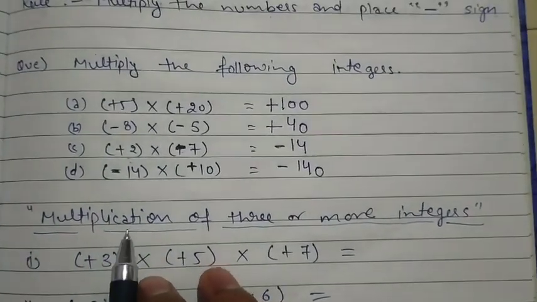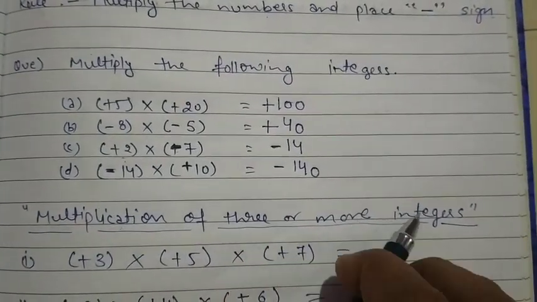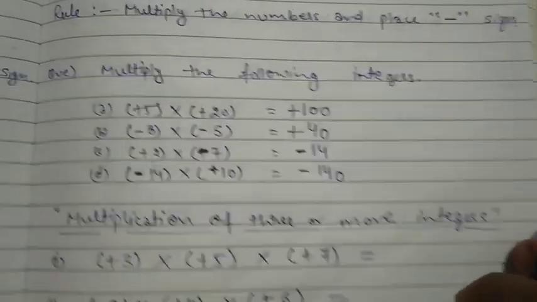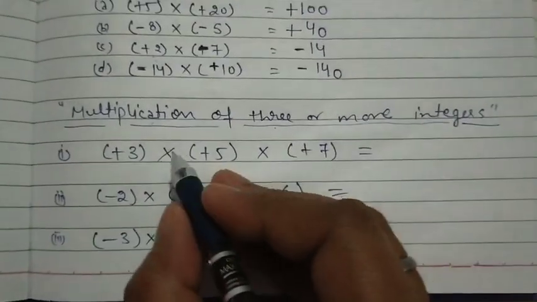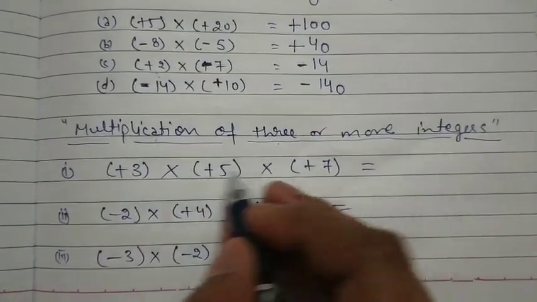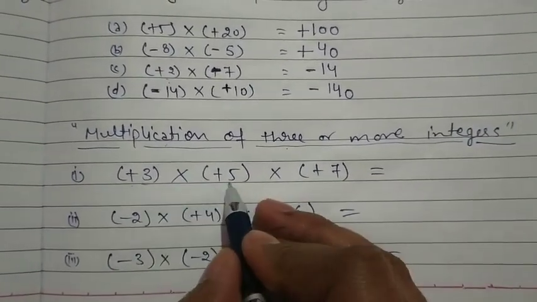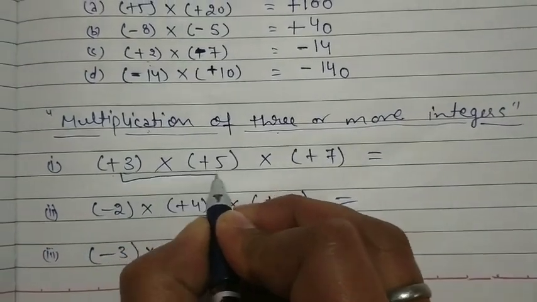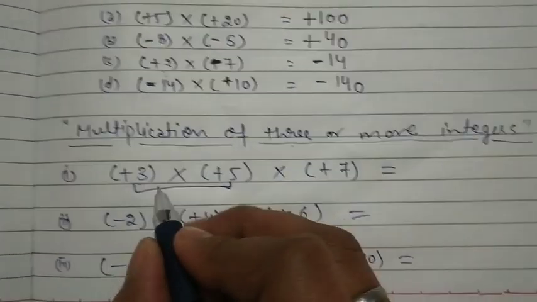This is the next topic, that is multiplication of 3 or more integers. Here we multiply 2 integers, but how to multiply 3 or more integers? This is very easy. See the very first example. Here I have taken 3 integers, all positive: plus 3, plus 5 and plus 7. To multiply, we first multiply the first 2 integers.